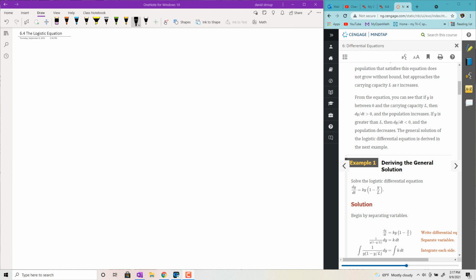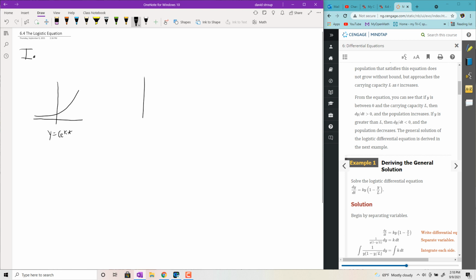So now we're working with the logistic equation and the logistic differential equation. This is a more realistic model than the exponential growth model because it has a limiting or carrying capacity to it. Before, we had something like y equals c e to the kt.